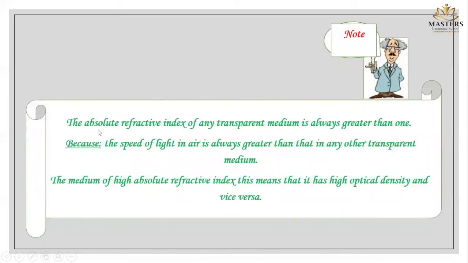Now note the absolute refractive index of any transparent medium is always greater than 1, because the speed of light in air is always greater than in any other transparent medium. A medium with a high absolute refractive index means that it has high optical density and vice versa.